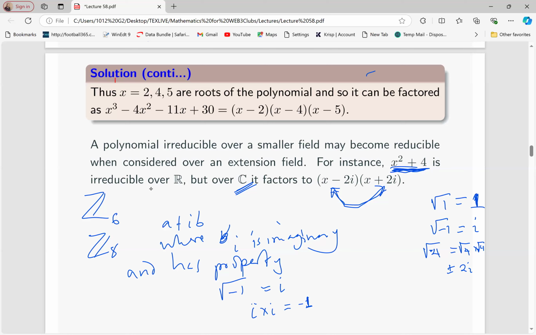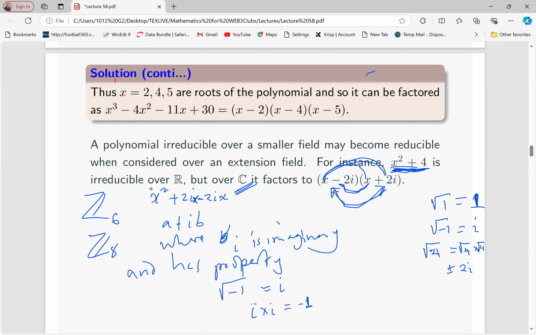If you expand, x times x will be x squared. Then x times 2i will be 2ix. Then minus 2i times x will be -2ix.